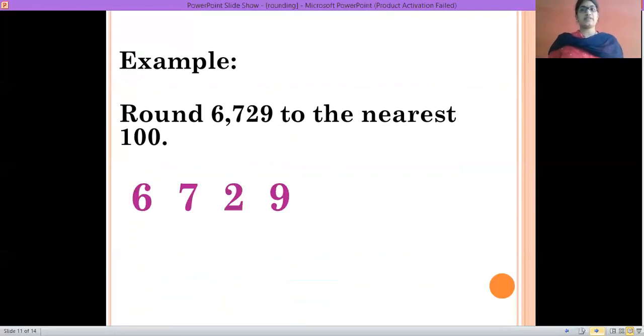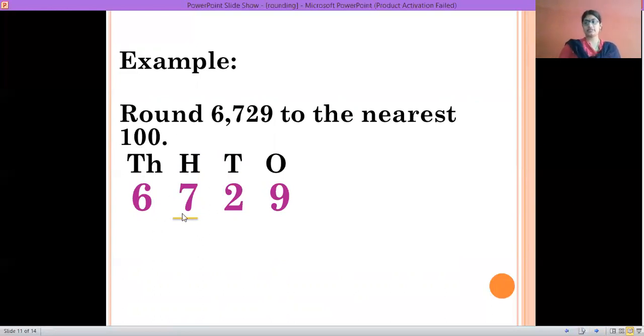So here first we'll write the number. On top of each digit we'll write its places. Now we'll identify the rounding digit. As we are rounding to the nearest 100, the digit in our hundreds place is the rounding digit. We'll move to the immediate right. So now we'll consider this digit. Now is this 5, less than 5 or more than 5, children? 2 is less than 5.